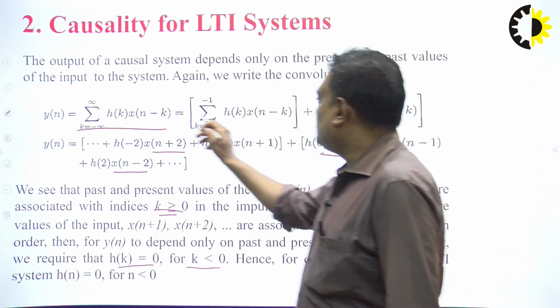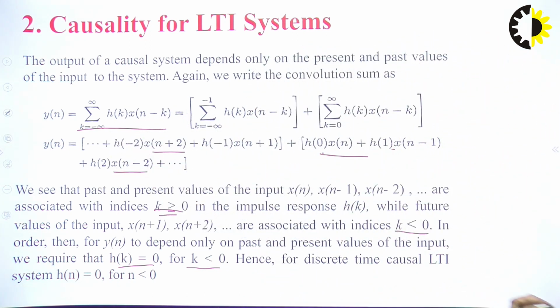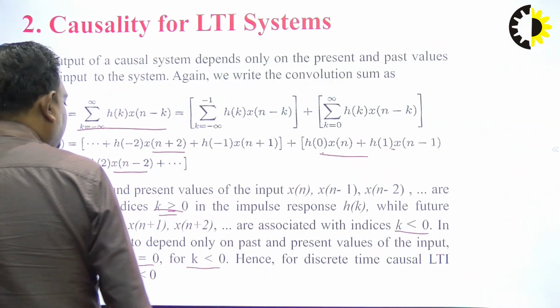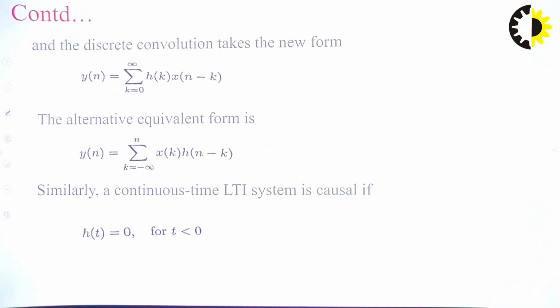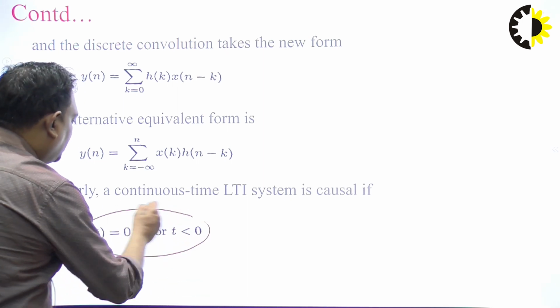So if all these values become 0, only then our system will become causal. So the condition for causality is h[k] equals 0 for k less than 0, and similarly for discrete-time systems h[n] equals 0 for n less than 0. Similarly for continuous-time systems, h(t) equals 0 for t less than 0.